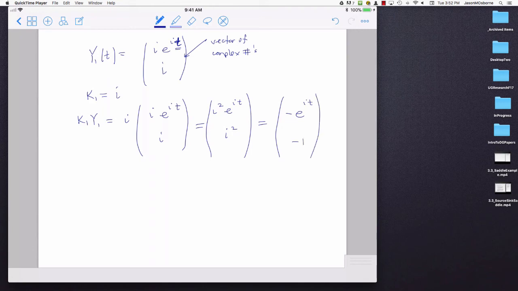Okay. Now, what we have here is a vector with complex entries in it. Let's call this new vector capital Y. So capital Y is minus e to the it, minus 1.